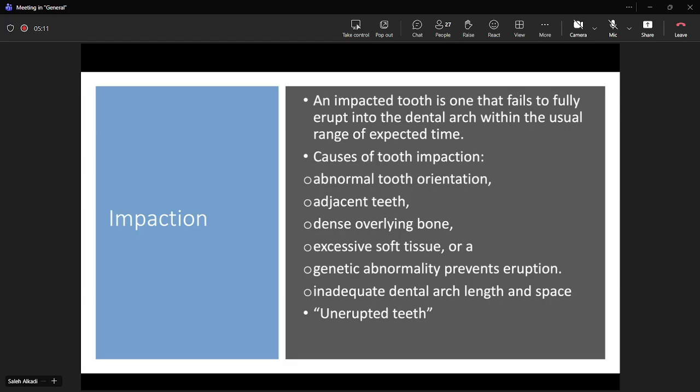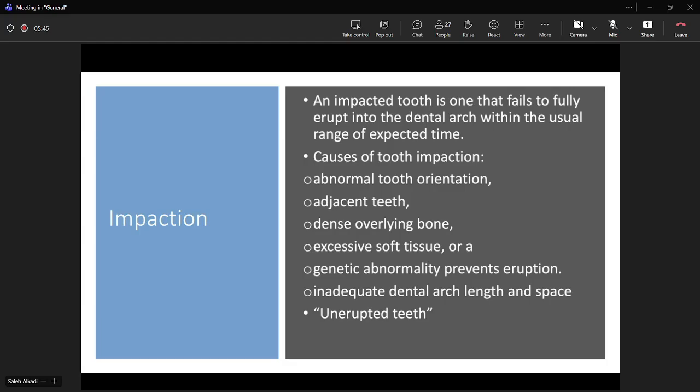In other conditions, the problem is with the overlying tissues, such as hard tissues like bone. In some medical conditions, there is very dense overlying bone that makes tooth eruption very difficult or impossible, like bone metabolism problems such as Paget's disease or osteopetrosis, also called marble bone disease.